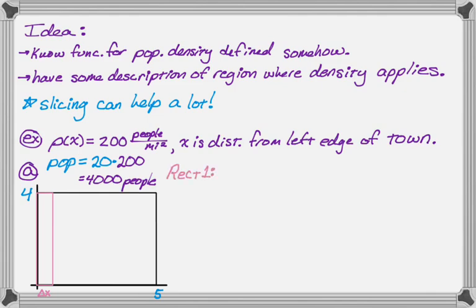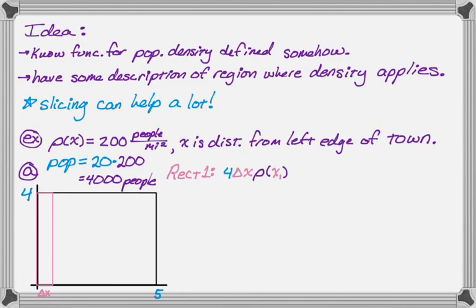That's my first rectangle, and it has an area of delta x times 4, in square miles. Since delta x is measured along an axis in miles, delta x by itself has units of miles, so that's miles times 4 miles, so miles squared. Then if I multiply that by my density function, which is in people per mile squared, the units on my final answer are going to be people. So what I've written here will let me find the population in that little strip.